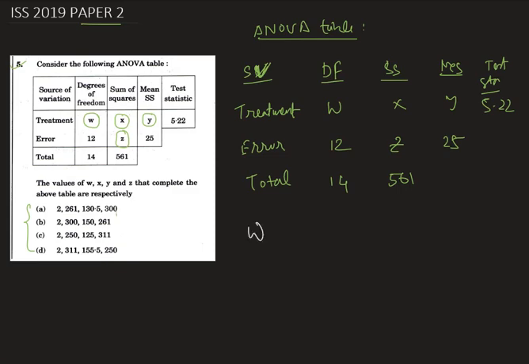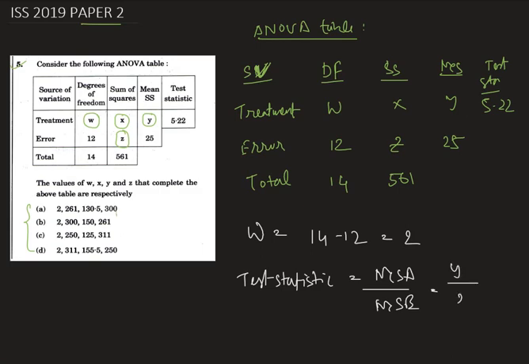Now W is equal to 14 minus 12, which results in 2. We know that test statistic is equal to MSA by MSE, and here the value of MSA is given as Y and the value of MSE is given 25 and the value of test statistic is 5.22.